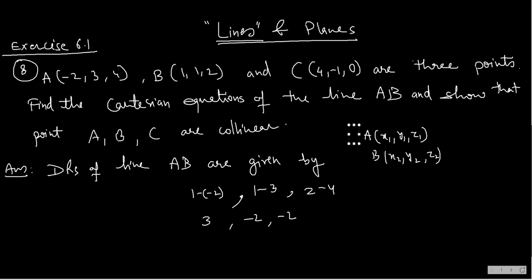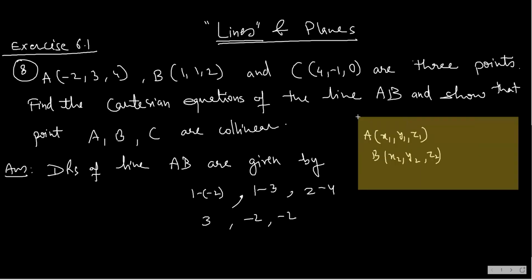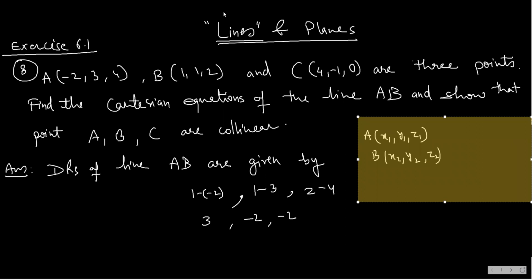I will write this as a reference: if A is this, B is this, then the DRS of AB bar are given by x2 minus x1, y2 minus y1, z2 minus z1.